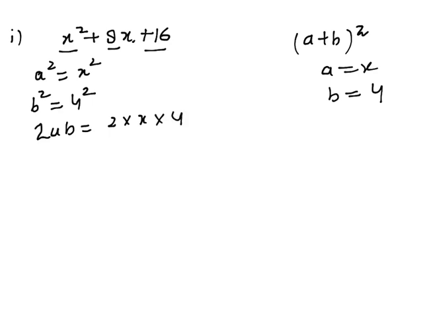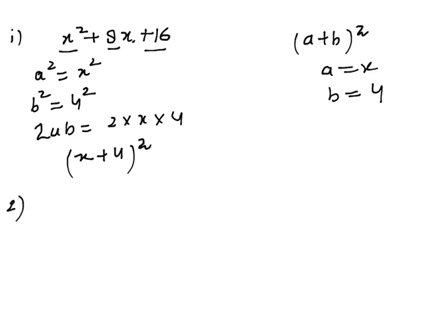So it is in the form a plus b whole square. We can replace a with x and b with 4 and write it as x plus 4 whole square. So the required factorization of this expression is x plus 4 whole square.